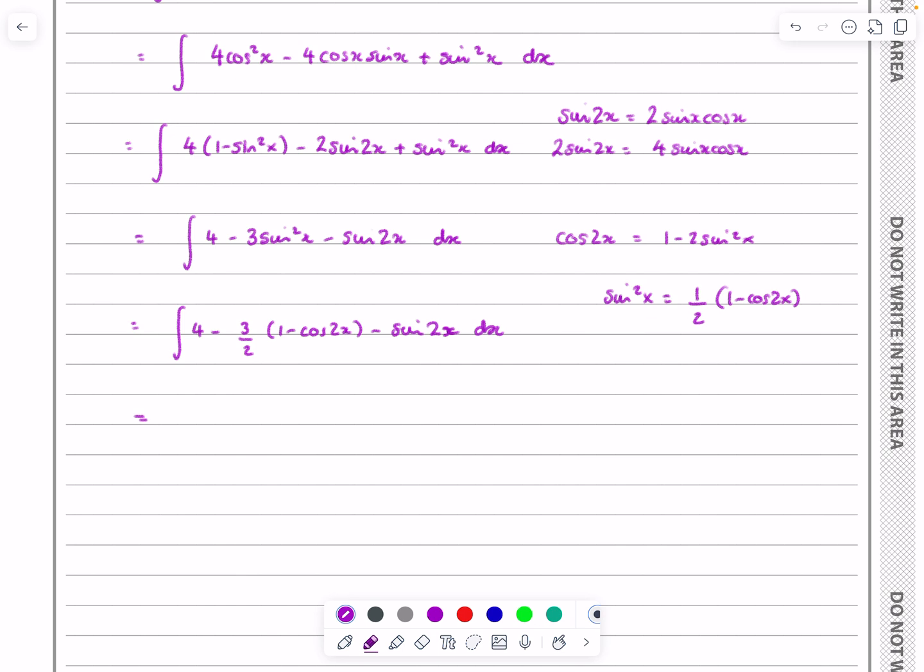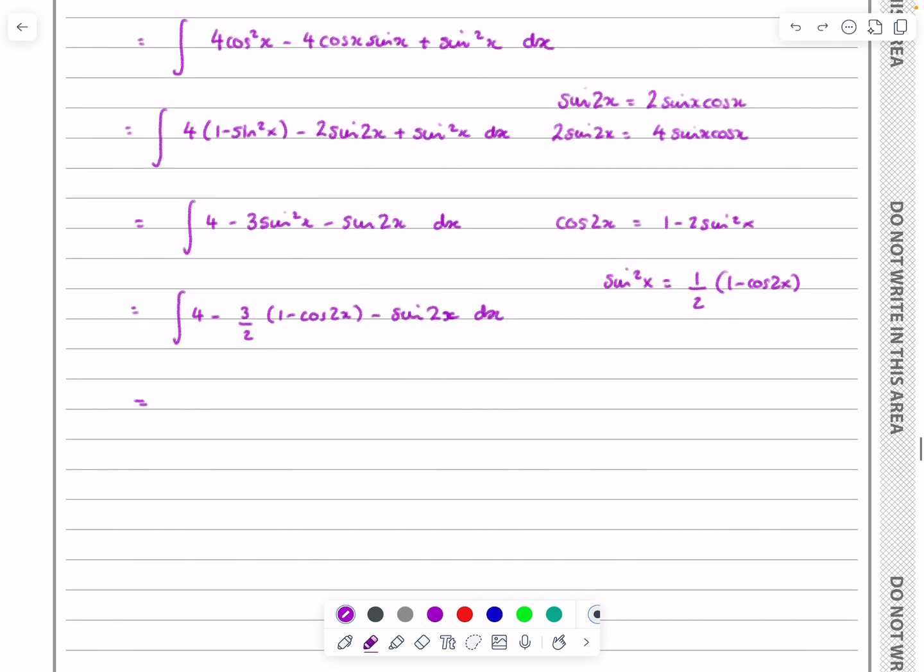What you could do is tidy up what 4 take away 3 over 2 lots of 1 is, so we may as well do that before we integrate. 4 take away 1.5 gives 2.5, 5 over 2. The minus and the minus make that plus 3 over 2 cos 2x, and then still the minus sin 2x dx.